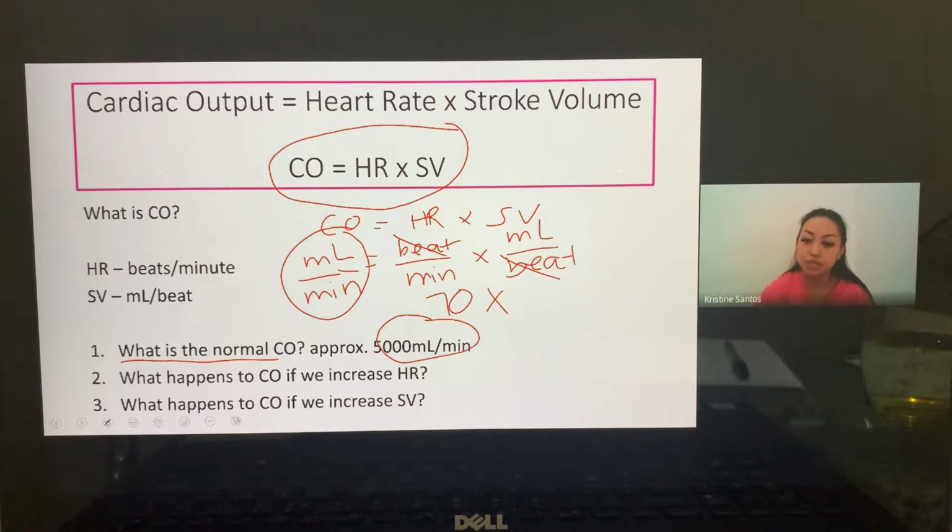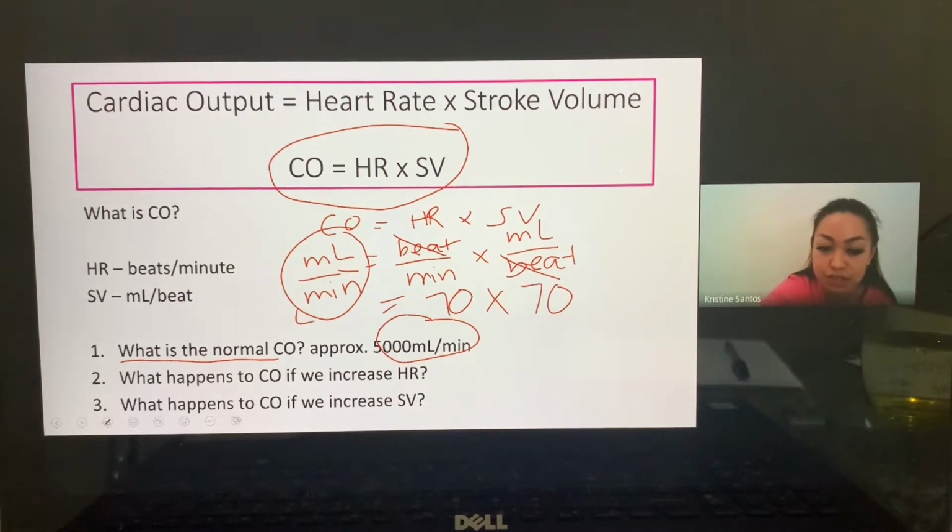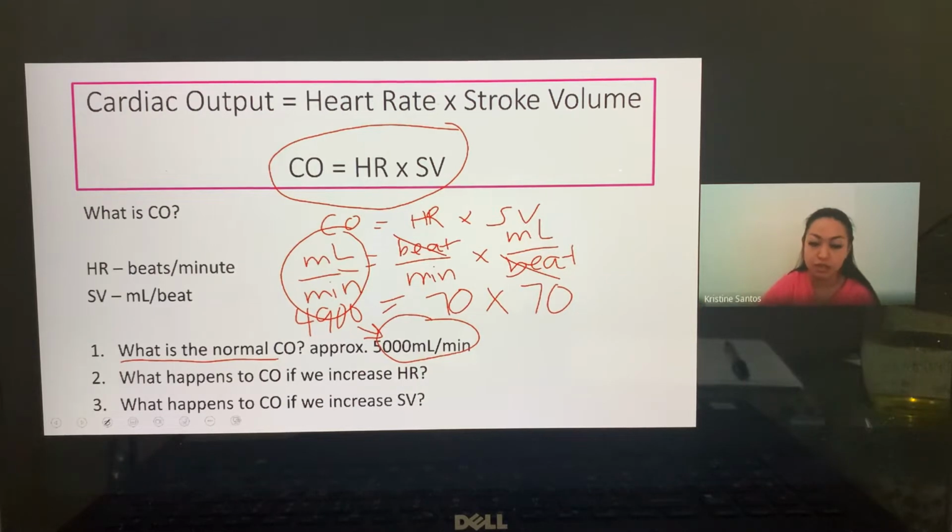So our ventricles eject approximately 70 milliliters of blood in one heartbeat. So it's going to be 70 times 70, which is 4,900 milliliters per minute. That's approximately 5,000 mils per minute, or 5 liters per minute. So that is the approximate normal cardiac output in an adult. All right, so I hope that makes sense as to why we get this number.